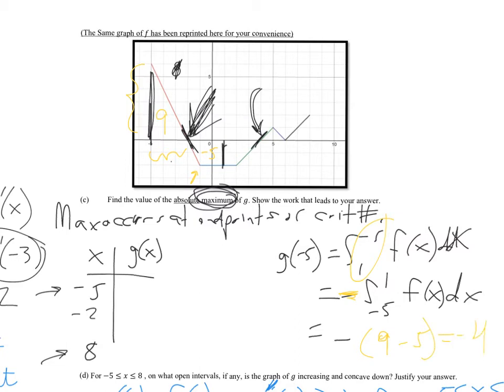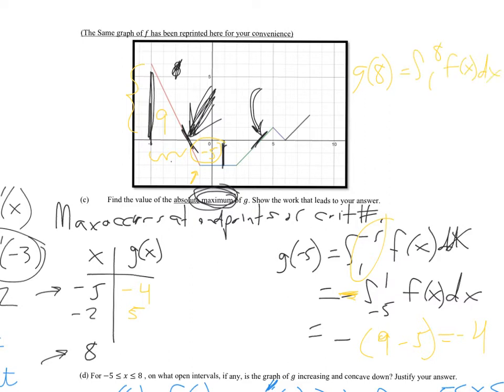So it's -14. Now if I want to find the area from 1 to -2, well, that's just this area right here. And that would be -5. So -5 would be +5. And if I'm trying to find g of 8, that's going to be the integral from 1 to 8 of my function.